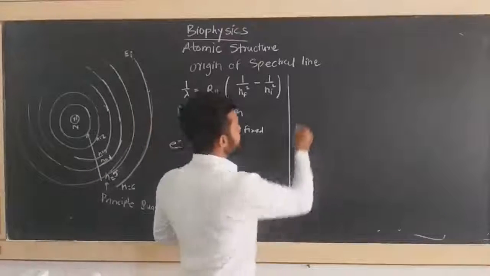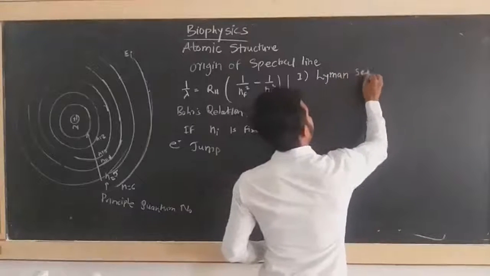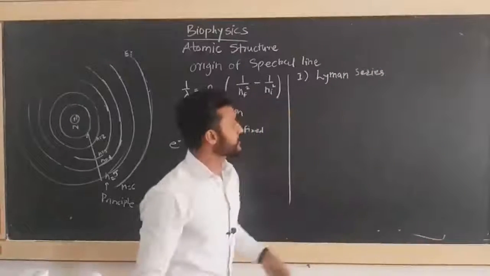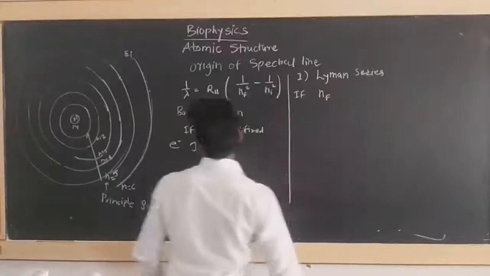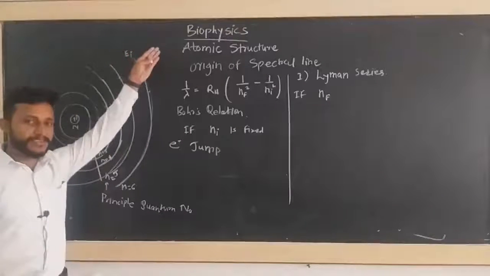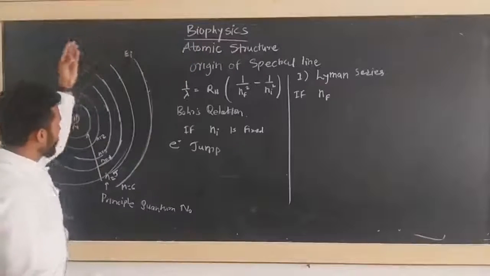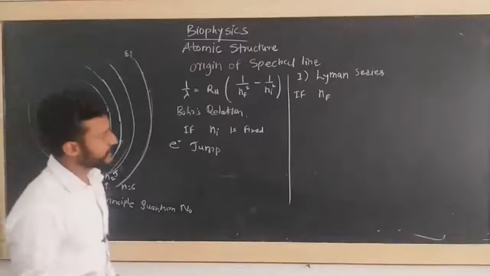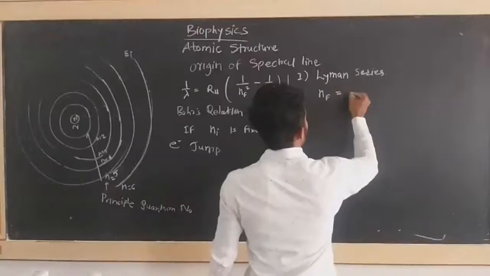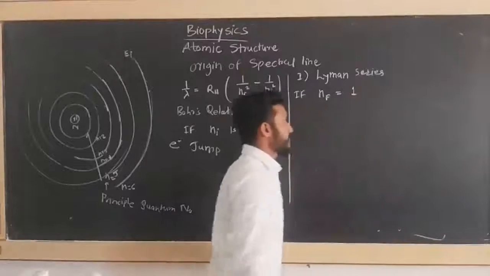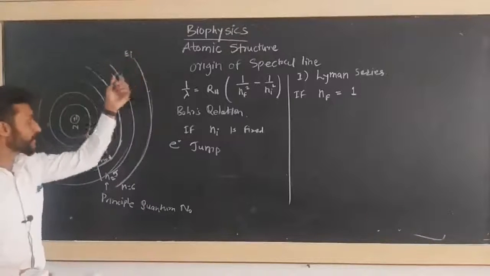So the first series is Lyman series. In these spectral lines, if n final is equal to 1, means electrons jump from the highest orbit to the first orbit.